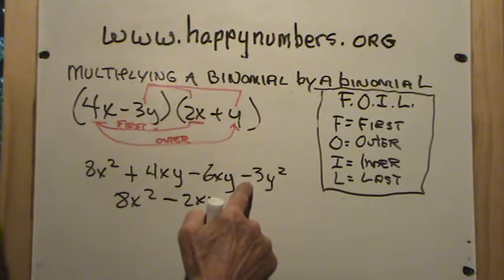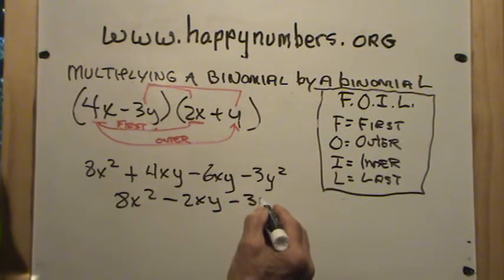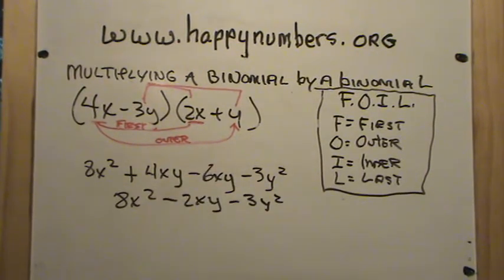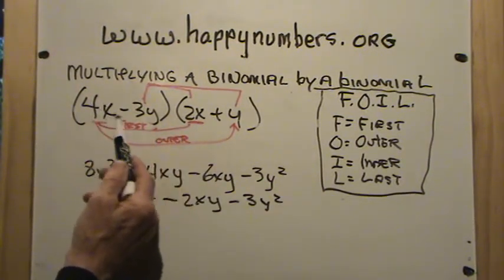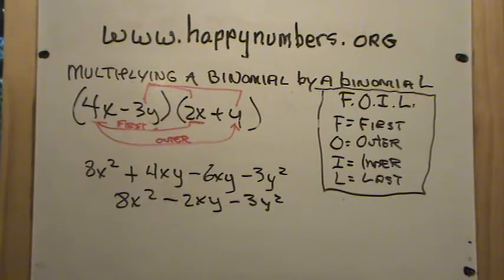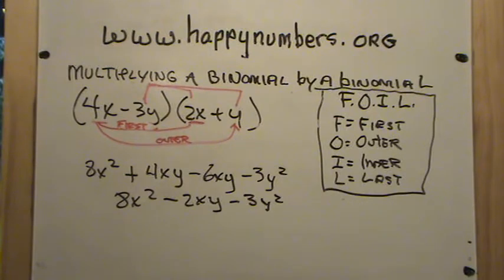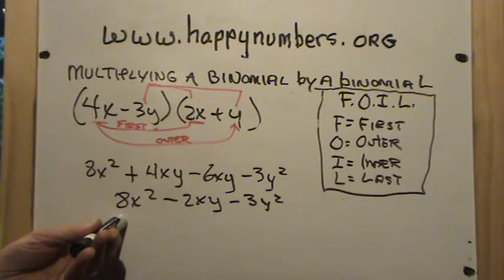And then negative 3y squared, there's no other y squared, so negative 3y squared. So that's how we would solve this binomial multiplied by that binomial using the FOIL method. And by the way, if we had done it using the regular method, the method that we used last lesson, we would have gotten exactly the same answer.